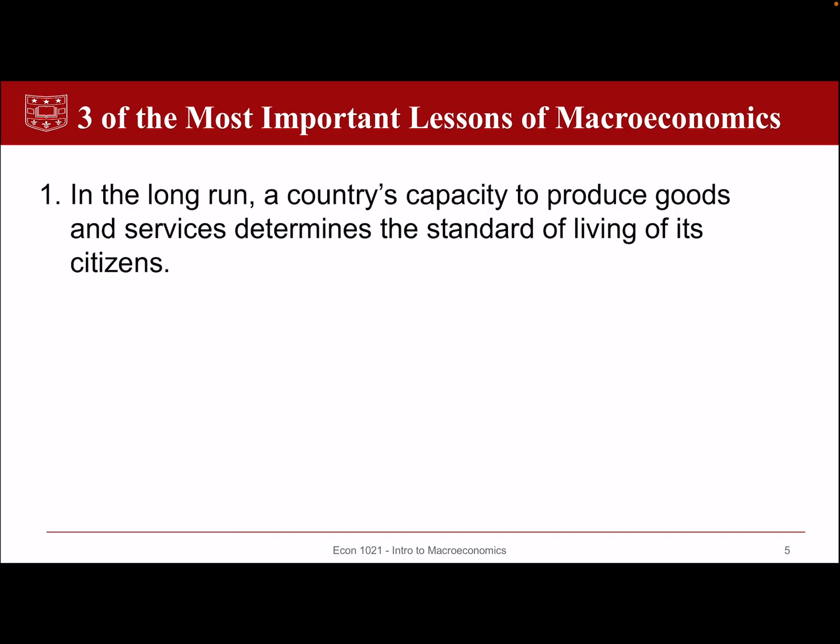We have three big important lessons in macroeconomics. The first is what we've dealt with most recently. In the long run, a country's capacity to produce goods and services determines the standard of living of its citizens.